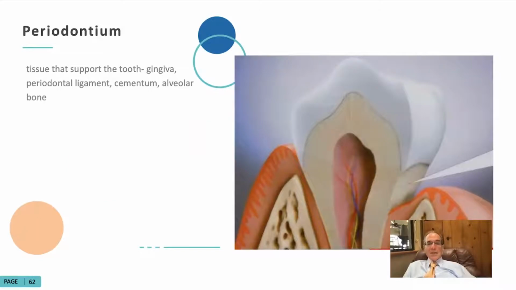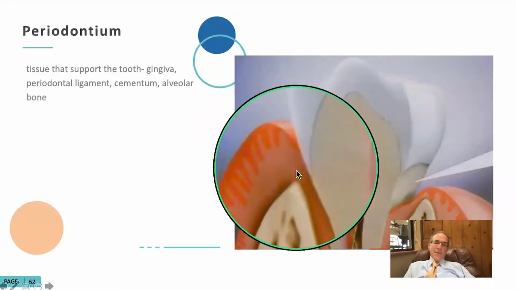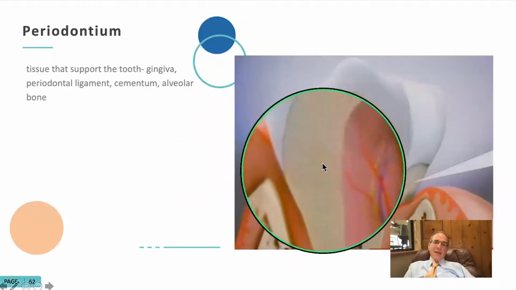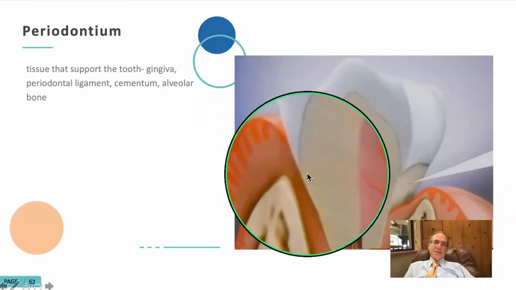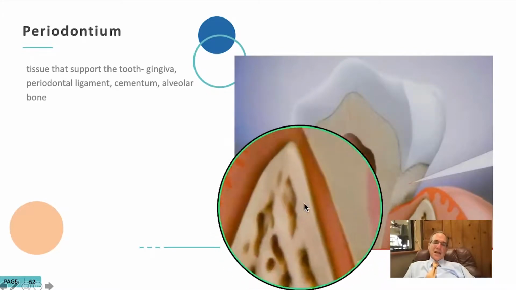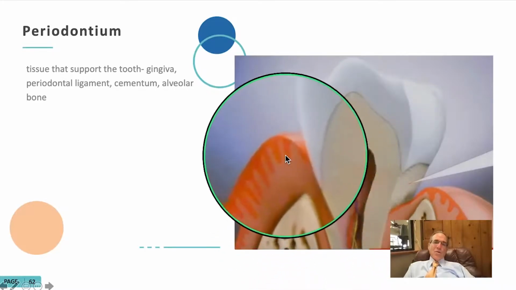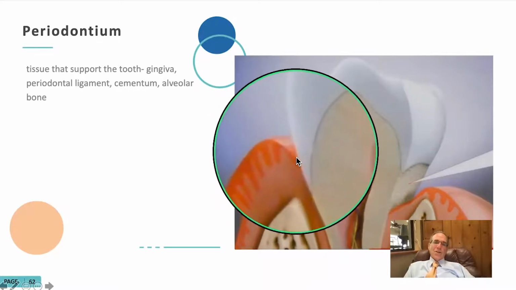Now, the periodontium, and this is where you're going to spend a fair amount of time in the cat's mouth. This is normal over here, where you have the cemento-enamel junction. Here's enamel, here's cementum. Cementum attaches to the periodontal ligament, which attaches to alveolar bone. And normally in the cat there's a 0.5 to 1 millimeter sulcus.